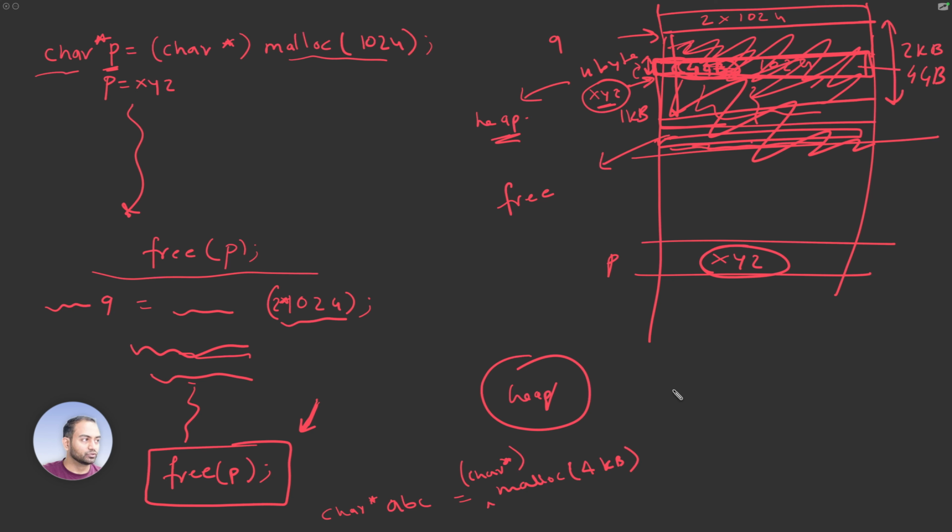So now it might so happen that you get 4 KB right here, but then hey, Q is already overlapping that region, and now you have different dynamically allocated memory regions that are overlapping, and different variables can fiddle with the same memory. Not a good idea.